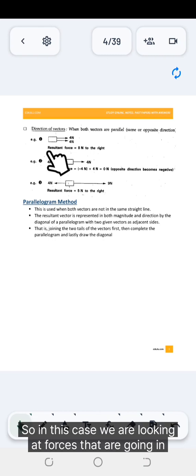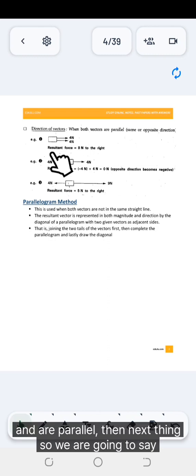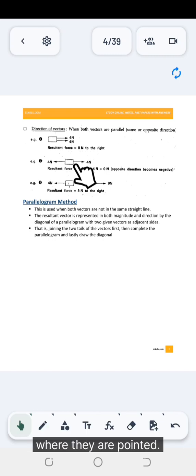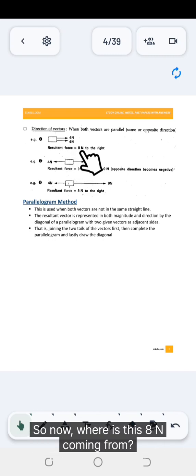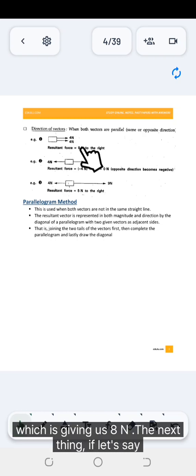These are forces going in the same direction and parallel. So the resultant force is equal to 8 newtons to the right, where they are pointing. Where does this 8 newtons come from? You just add 4 newtons plus 4 newtons, which gives 8 newtons.